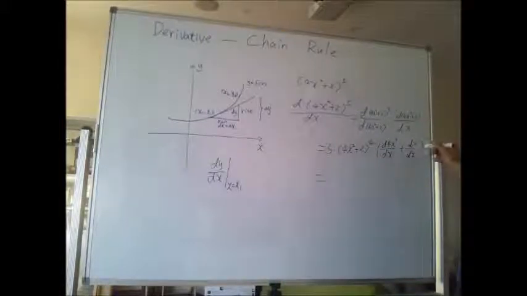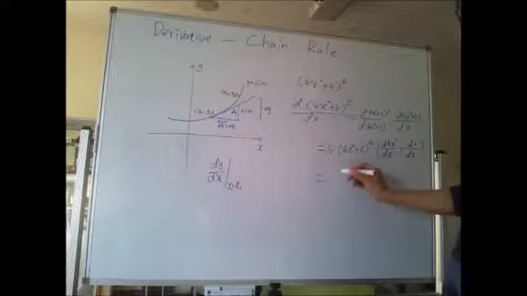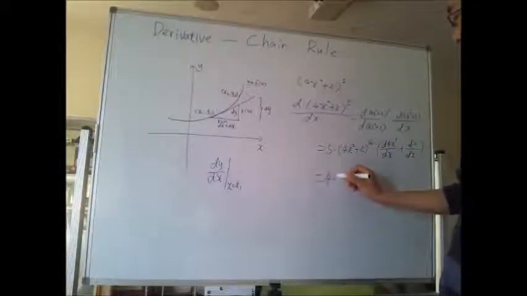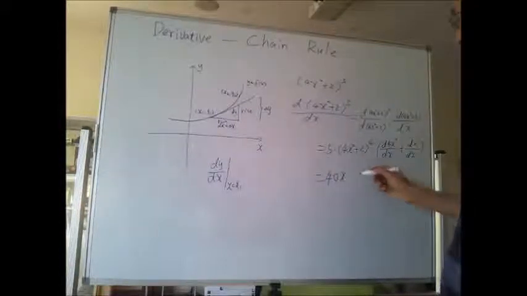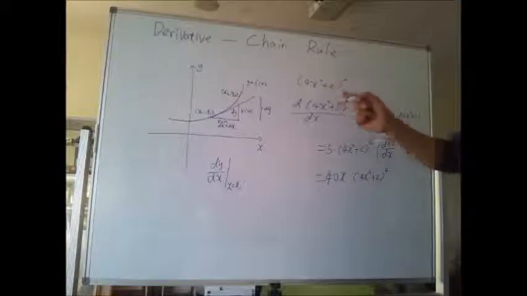For this part, it will give us 0, and for this part, we can take 4 out, and the derivative of x squared would be 2x, and then the answer would be 8x for this overall. 8x times this 5, 8 times 5 would give us 40, and there's another x from here, so the final answer would be 40x times x squared plus 2 to the power 4. Yeah, this would be the final answer for this one.